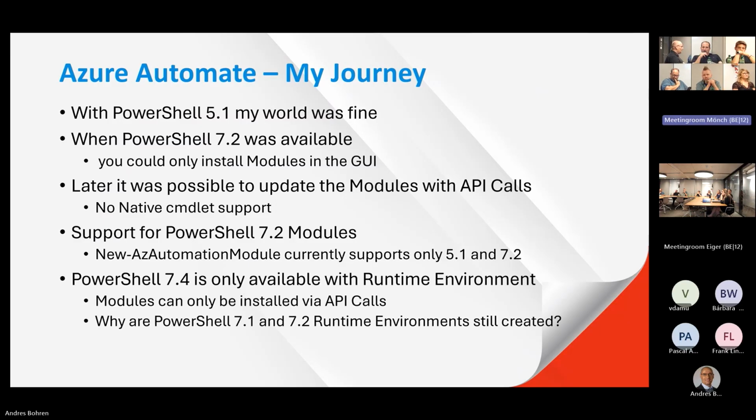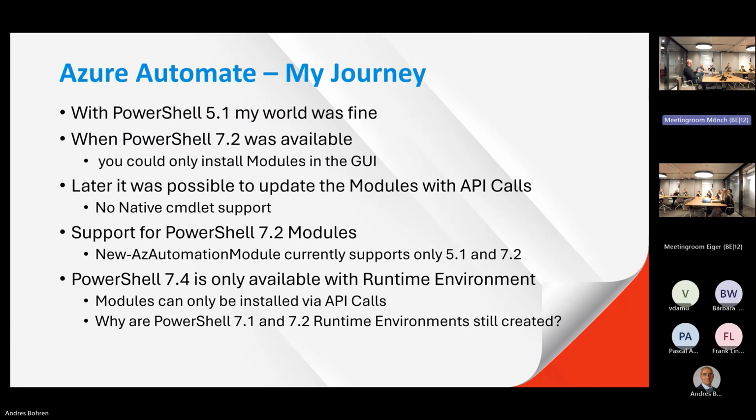And with runtime environments, the modules still can be installed only with API calls. The new Az.Automation module only supports 5.1 and 7.2. And when you create runtime environments in Azure Automation, they have 7.1 and 7.2.